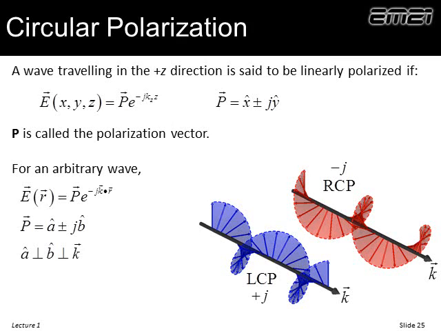Now, optics people and electrical engineers define polarization differently. If the wave is traveling, in this case, from left to right, and we look at it from the receiver's perspective, so our eyeballs are looking down the barrel at the wave coming at us, and we look at the behavior of the electric field, that's how IEEE and electrical engineers view polarization.